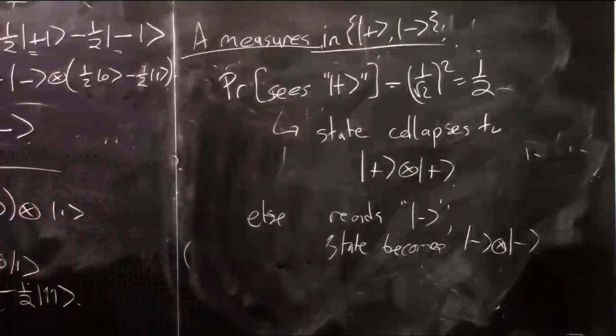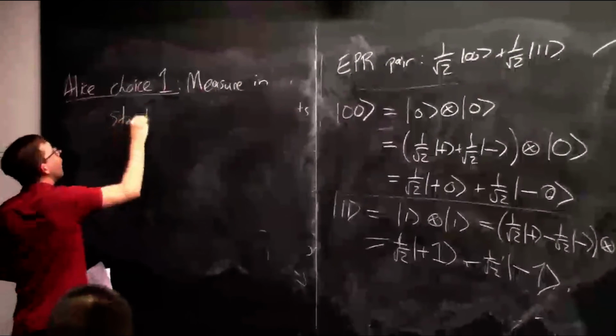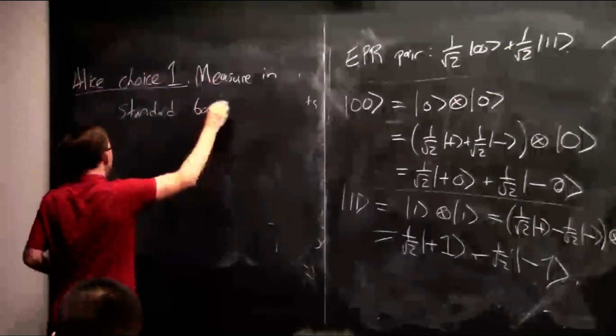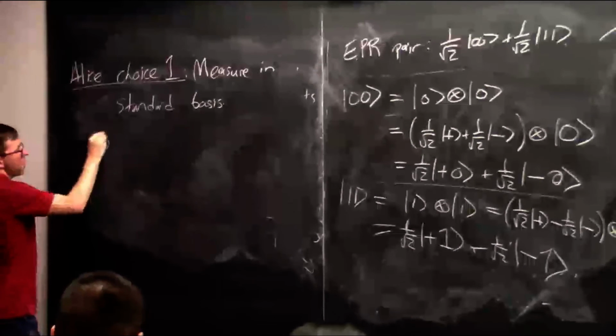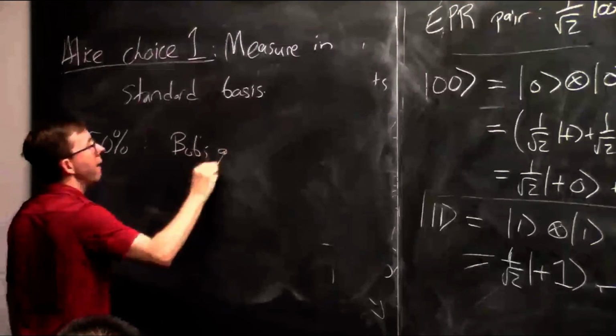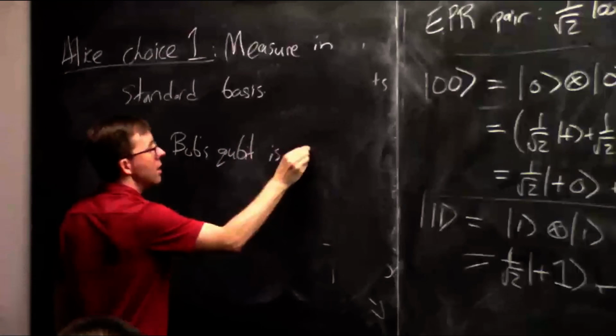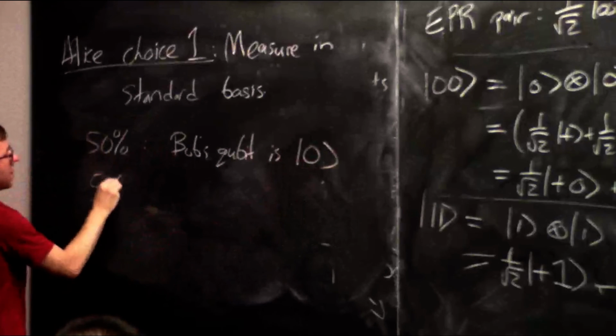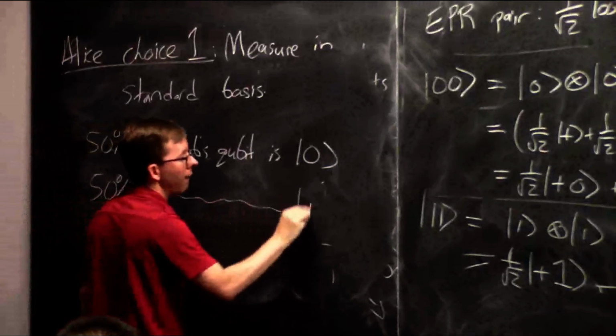So let me even try to write that. Alice can do some things. Her choice 1, she can measure in the standard basis. And then what's the situation? She doesn't really care per se what she gets, but when she does that, there's a 50% chance that Bob's qubit is 0, and there's a 50% chance that Bob's qubit is 1. You saw that, right?